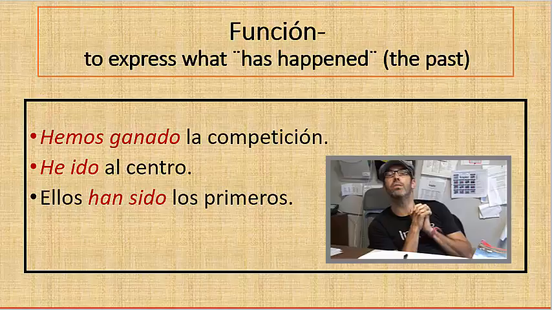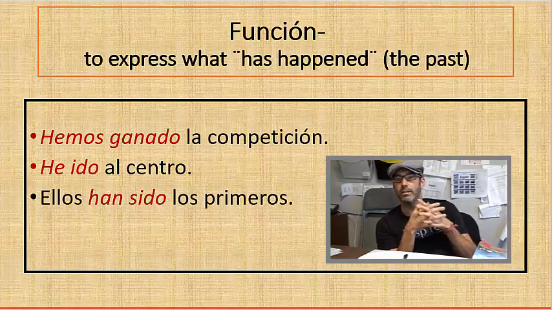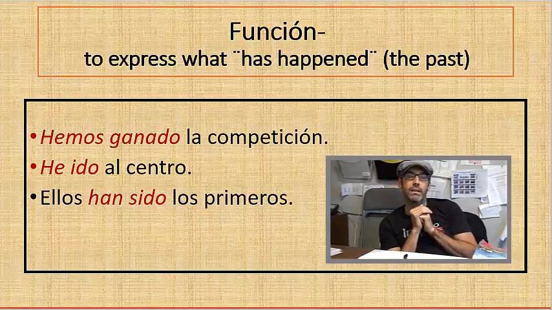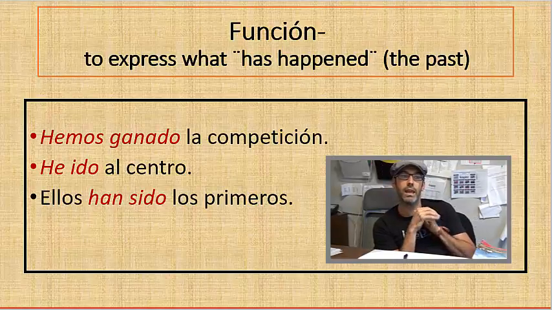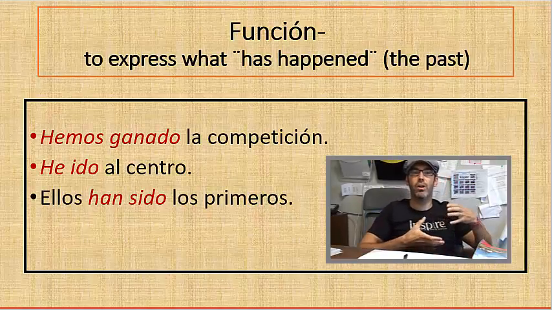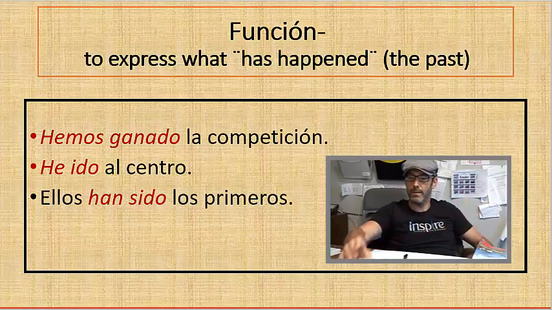He ido al centro. I've gone to the centro comercial, I've gone to the mall, or I've gone to the centro, meaning I've gone downtown. Ellos han sido los primeros. They have been the first ones. So again, it's just another way of expressing what has happened in the past.